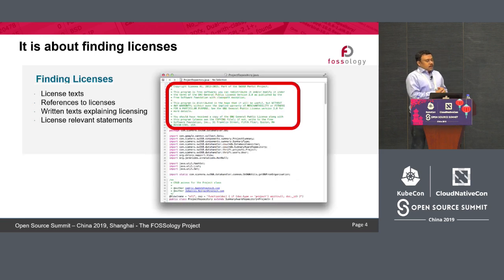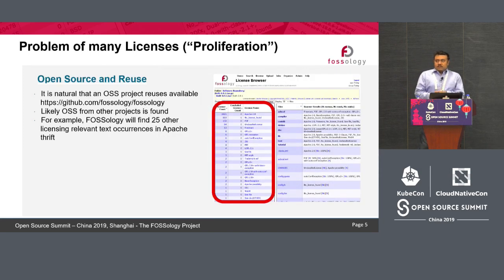So we need to find the license text. We need to find the reference to the licenses. It may not be the exact text, it may be written text explaining the licensing and the license relevant text. Why do you need to find this? That's important. Nowadays we use a lot of open source software, and the problem is license proliferation.